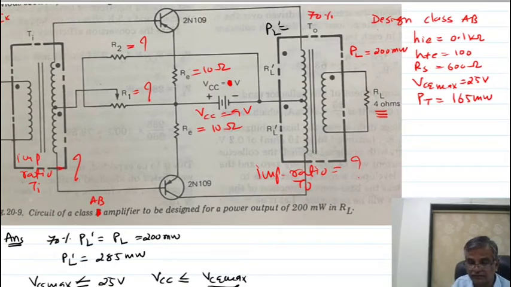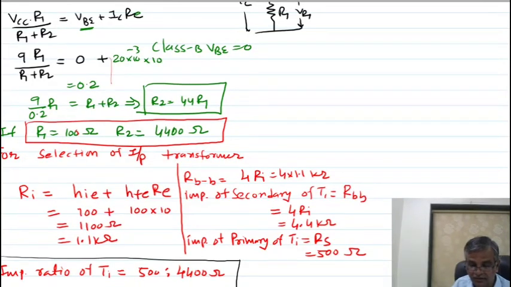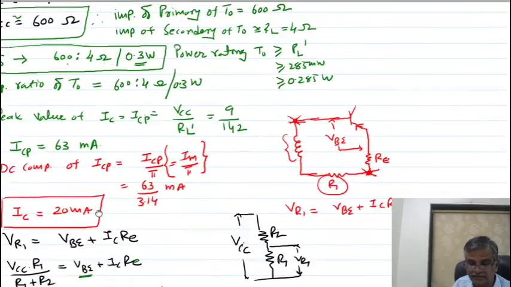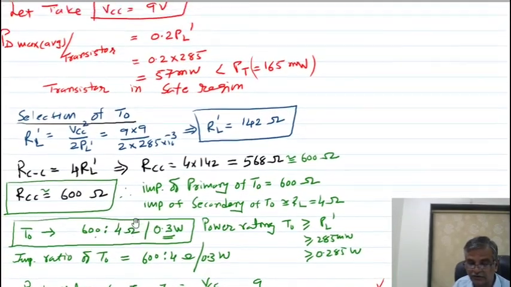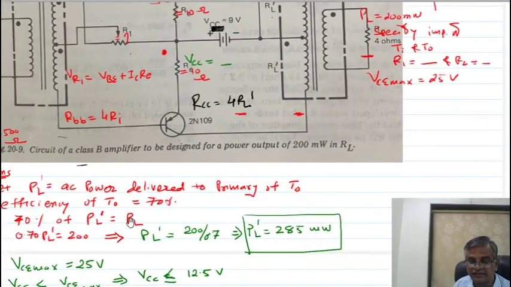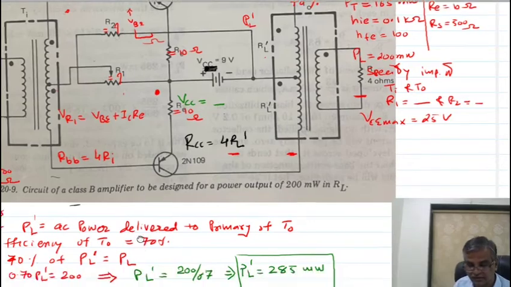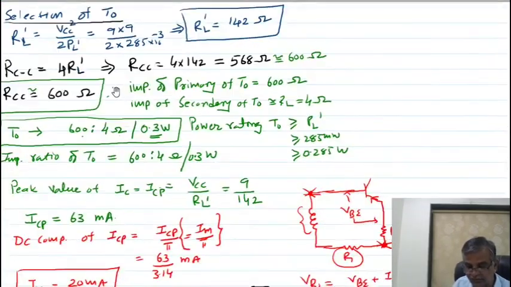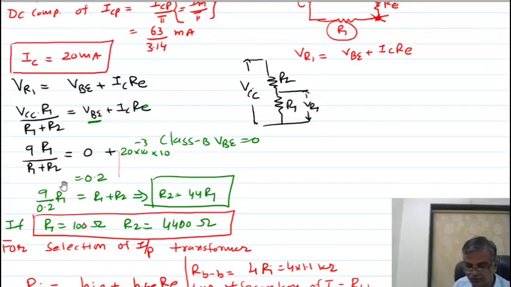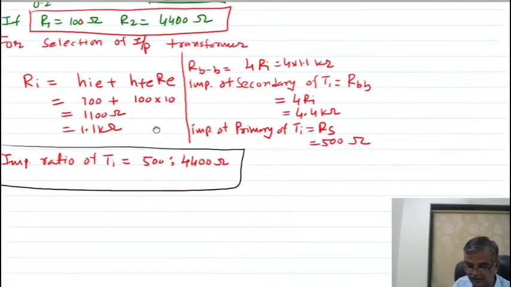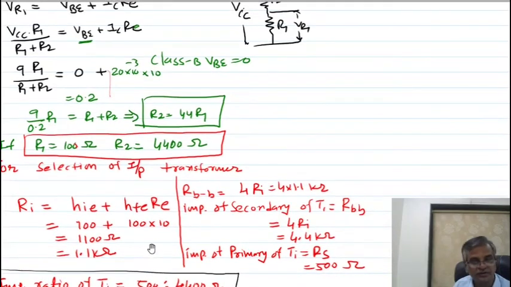Now in a previous circuit you selected the value of R1 R2 such that you are getting VB voltage how much? 0. So this is the difference. Here you selected the VB voltage such that the R1 R2 you have taken like this. So VB voltage is nothing but you are getting how much? 0 volt.